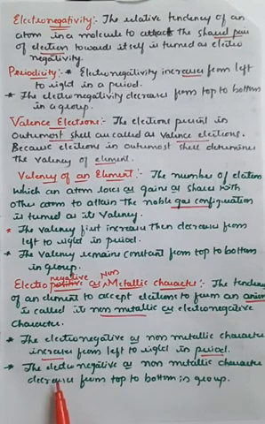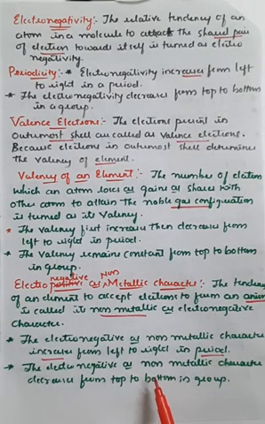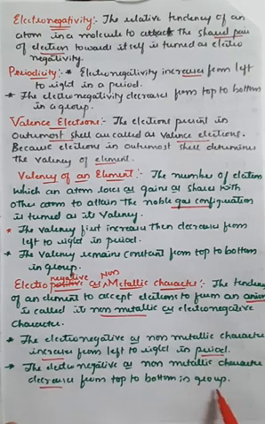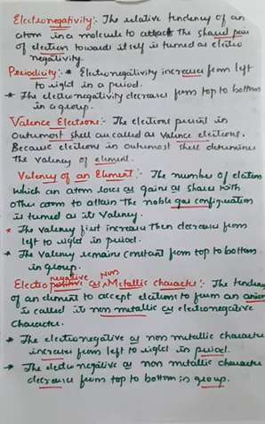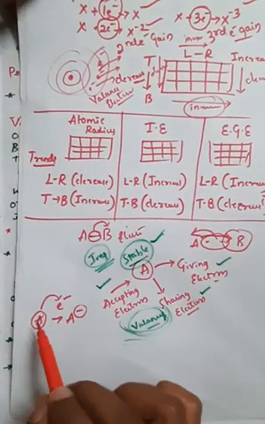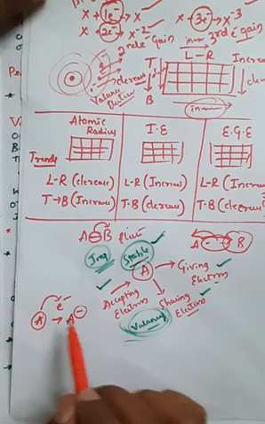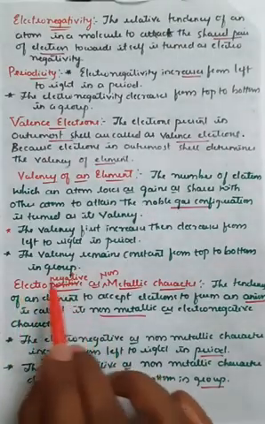So the electronegative or non-metallic nature decreases when you come from top to bottom in the groups, right? Electronegativity is nothing but converting any neutral atom into a negatively charged particle, right? So this is generally called electronegativity, right?